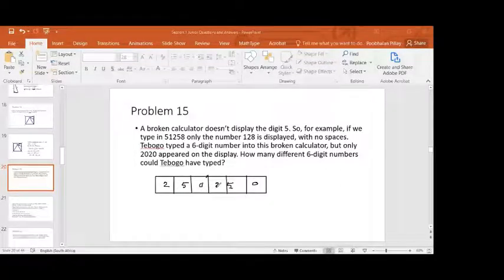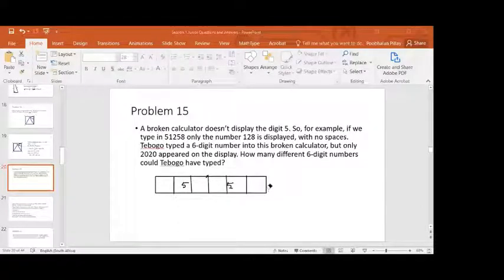So what we are saying is that we don't know which 2 spaces the 5s occupied. Like in this case here, if the 5s occupied the second space and the 5th space, right, then you would have got that particular number.